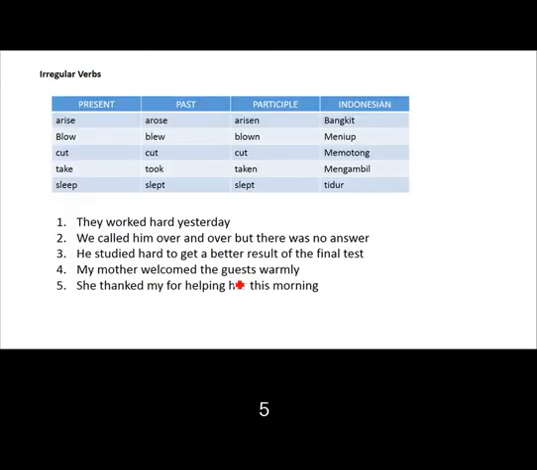Now look at the other examples, of irregular verbs. For the irregular verbs, the verbs are changing in form from present to past and participle. They are not exactly the same as the previous ones. For example, let's see here, arise becomes arose, arisen.